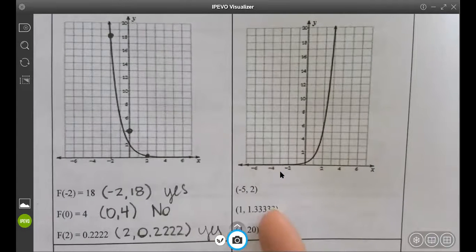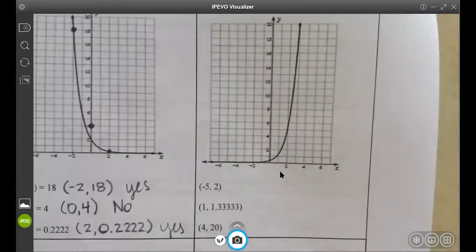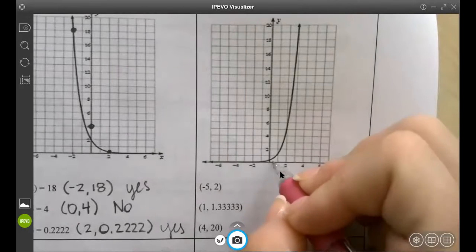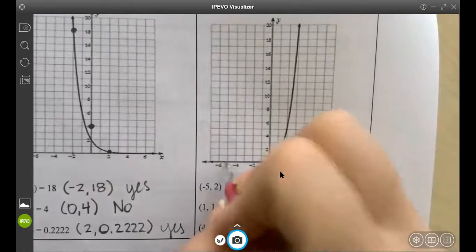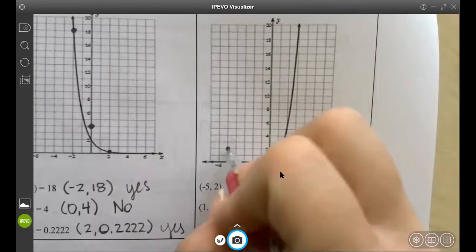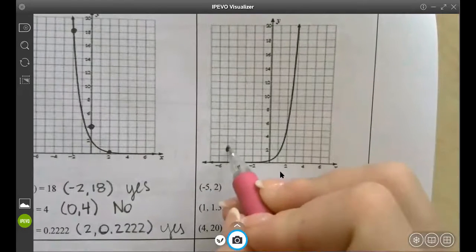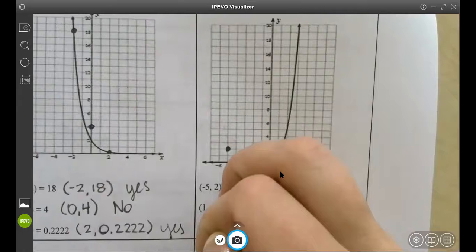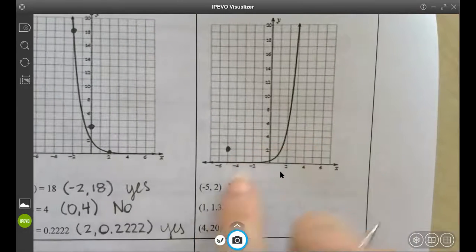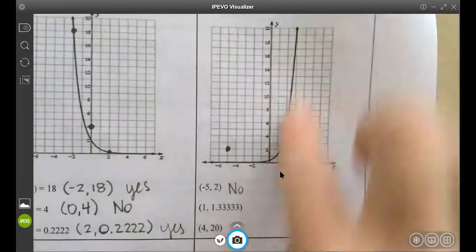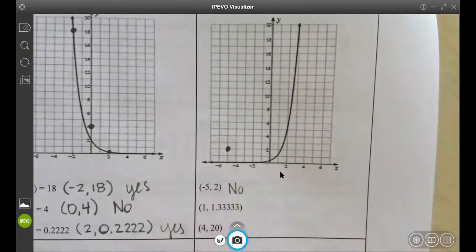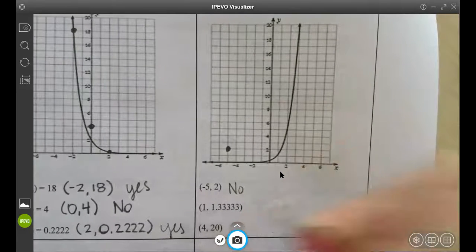The next one just went ahead and gave you the points. They wrote it out. They made it easy. You don't have to do anything hard. So the first one is -5, +2. Is that point on the line? -5, +2. Yes or no? No. Here's the line, right at 0 and moving up. That point is nowhere near that line. The next one is 1, 1.3.